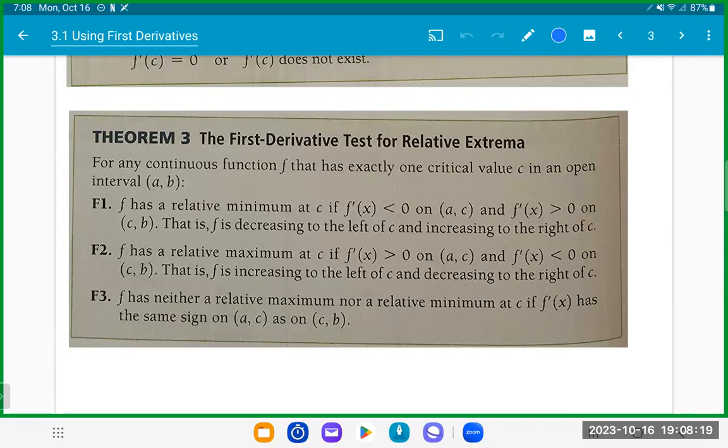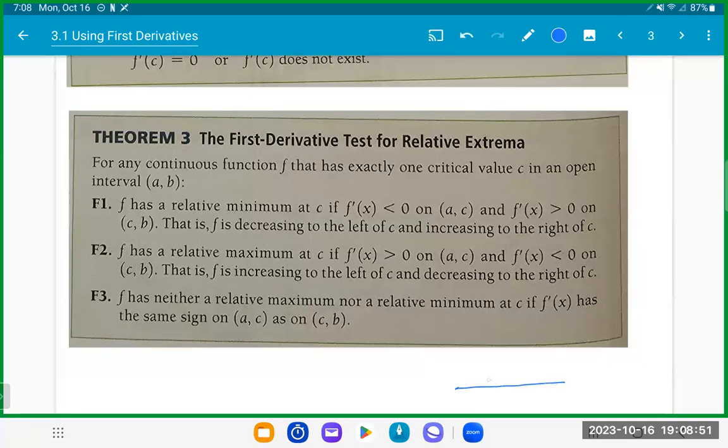When we have a continuous function and it has exactly one critical value on that open interval, then we need to determine if the function has a relative minimum. Then our first derivative is less than 0 from A to C, and our first derivative is greater than 0 from C to B, right?